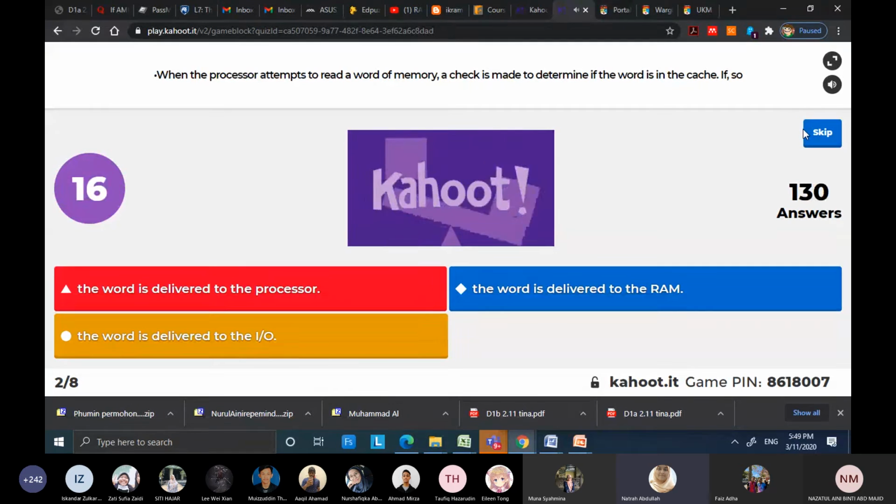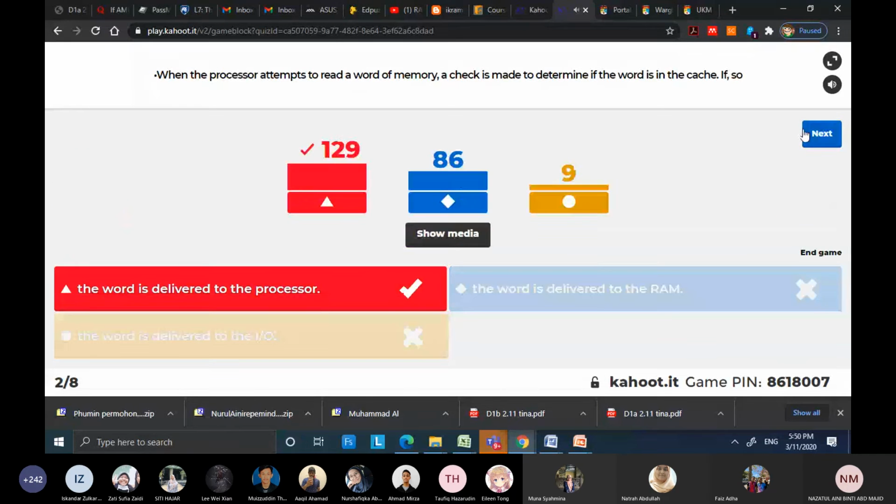What happened here? When the processor attempts to read a word of memory, a check is made to determine if the word is in cache.